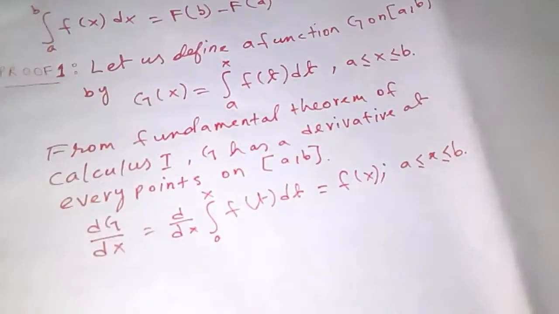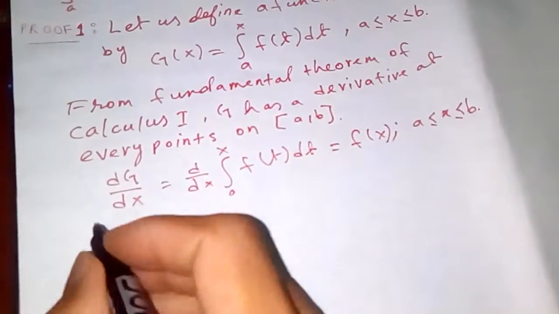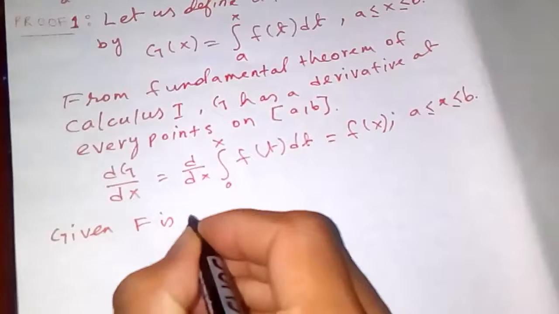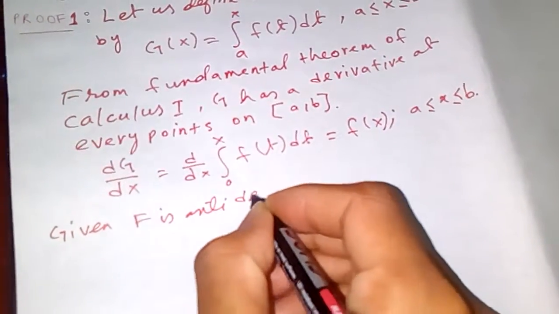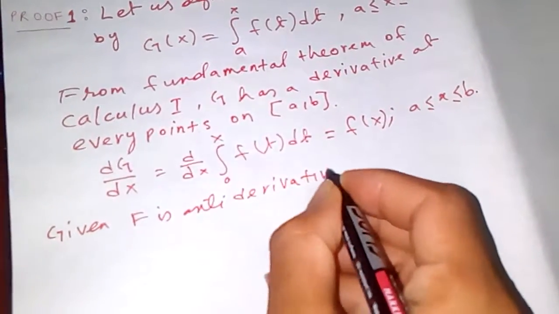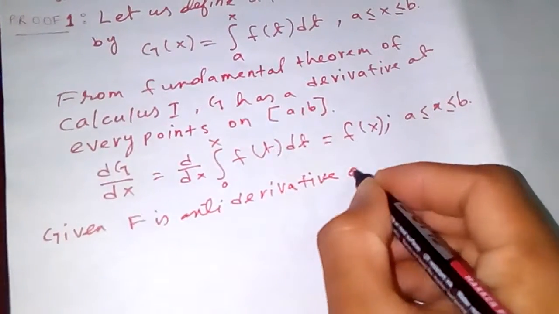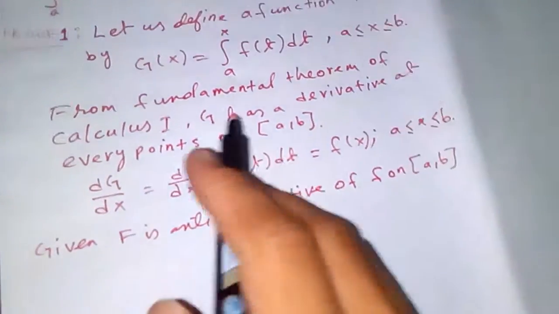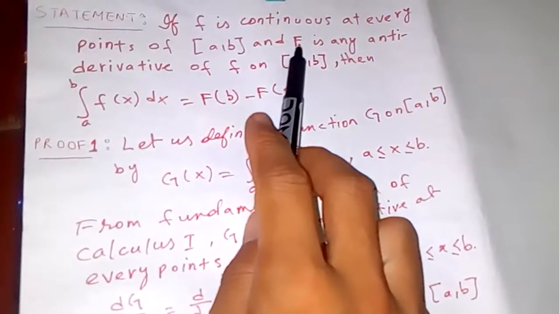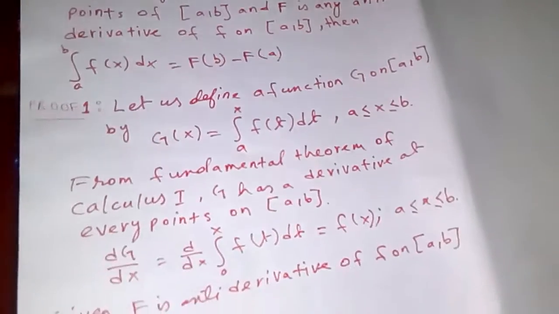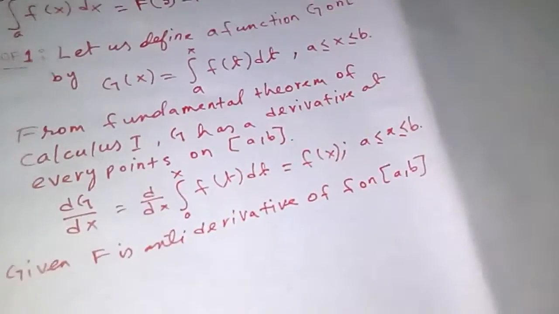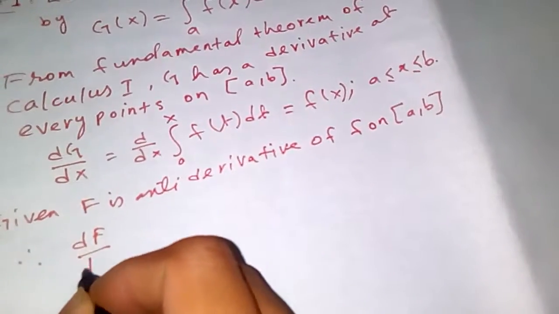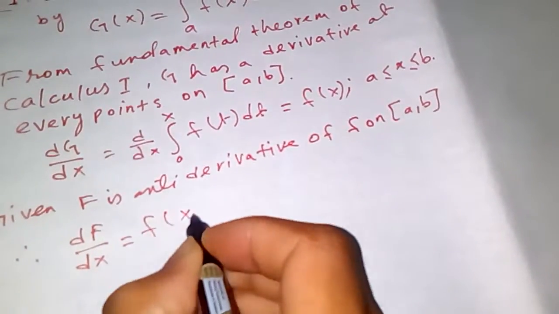Now given that F is an antiderivative of f on the closed interval [a, b], we are given that our function capital F is an antiderivative, which means dF by dx will be f of x.